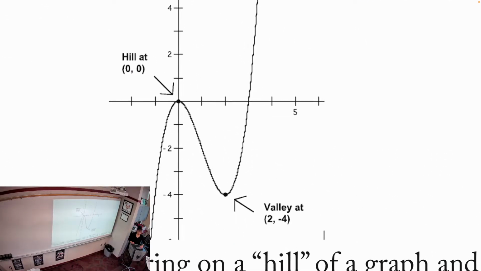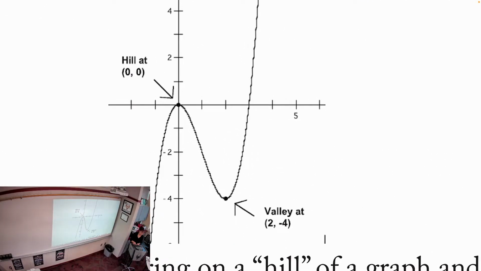So if you look at this picture, my f of x is increasing, because the slopes of the tangent lines are bigger than 0, so they're positive.